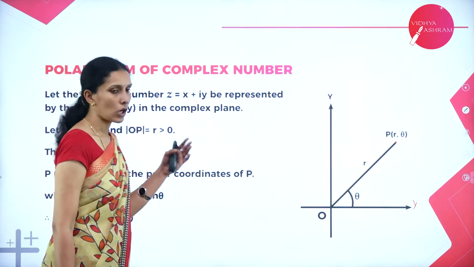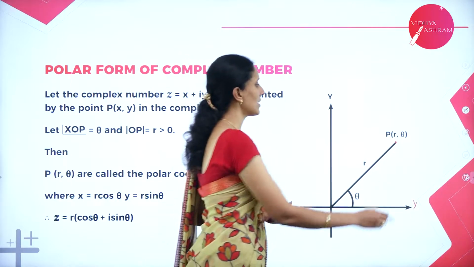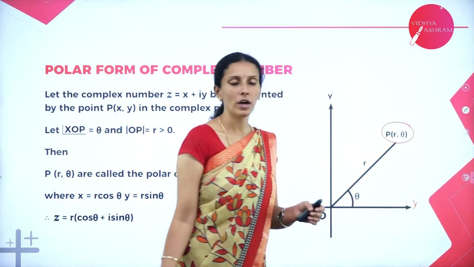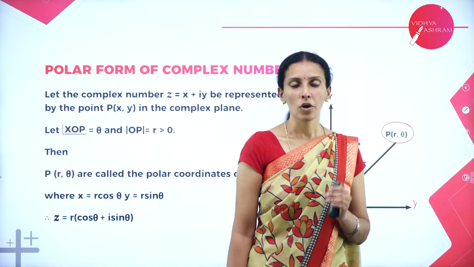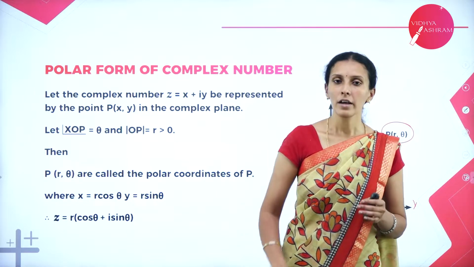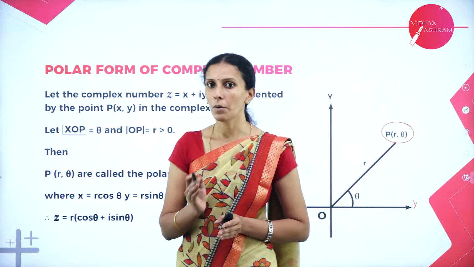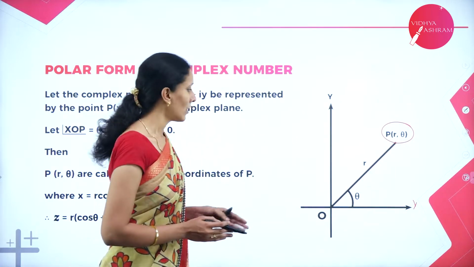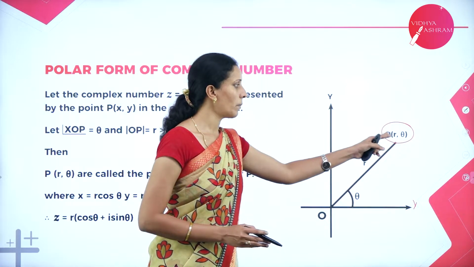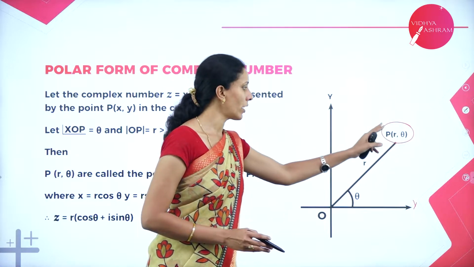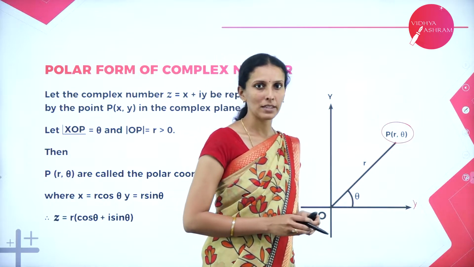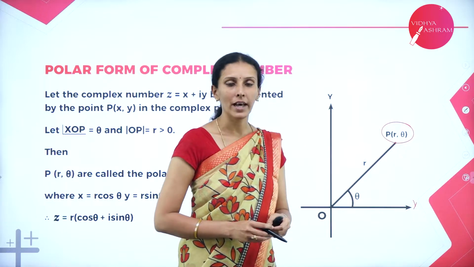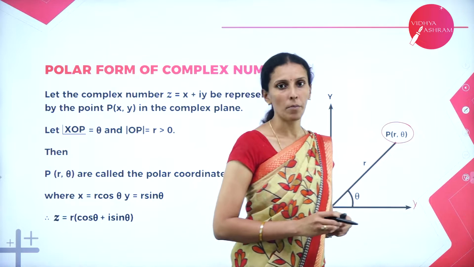Whenever the complex number is represented in the form of the coordinates r comma theta, it is called the polar form of a complex number. Here r is nothing but the modulus of the complex number, that is the distance of the complex point from the origin, and theta is called the argument of the complex number.